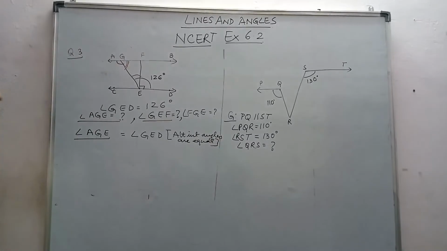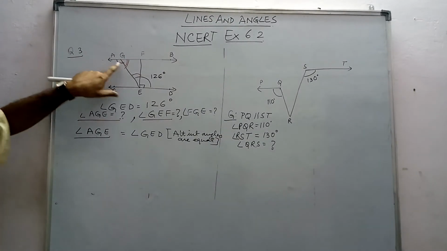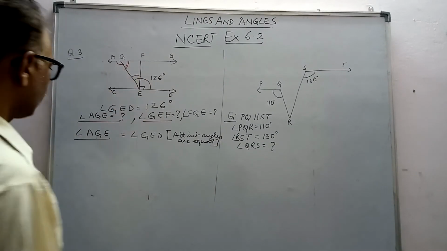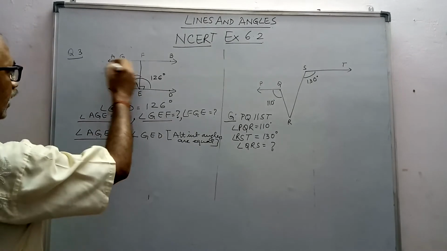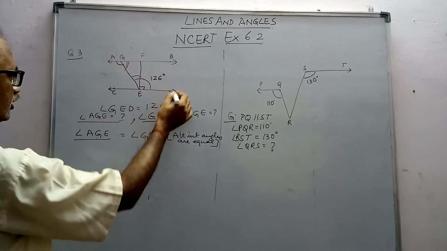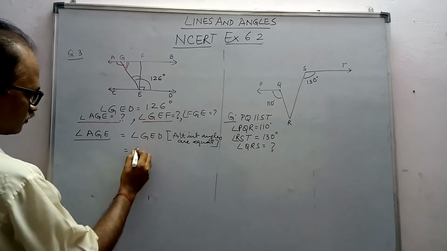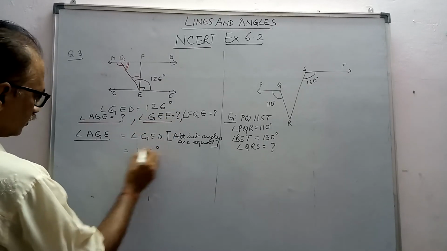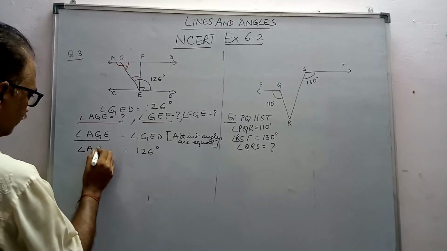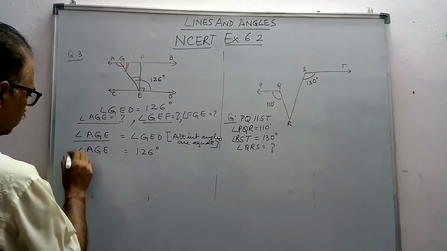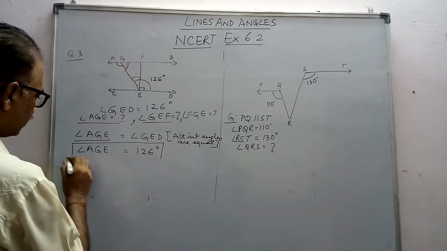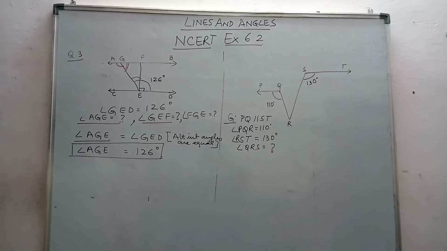This angle and this angle are both alternate interior angles. And GED is given as 126 degrees. So angle AGE is equal to 126 degrees. This first part has been done.